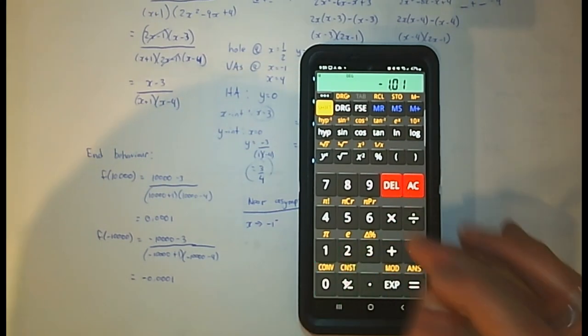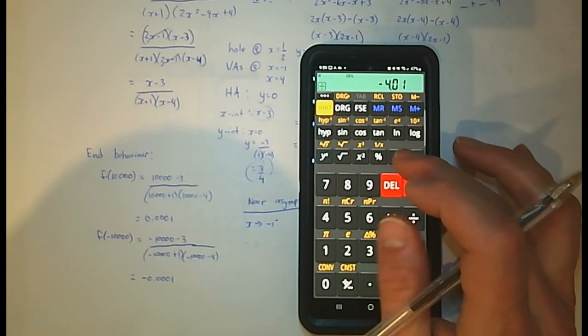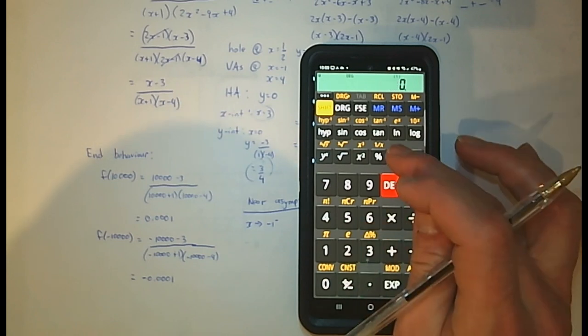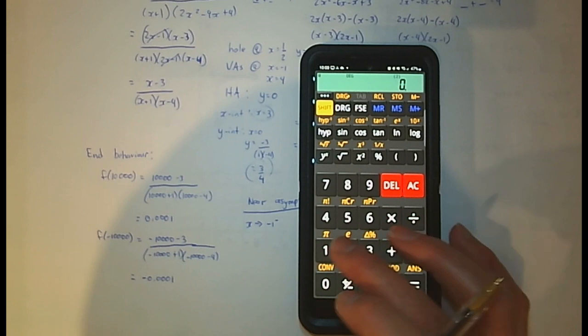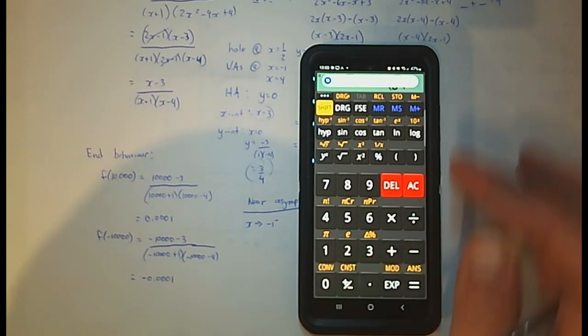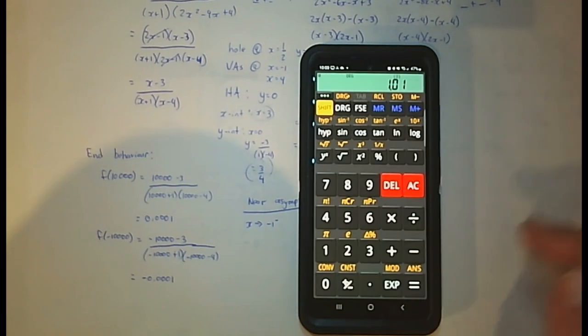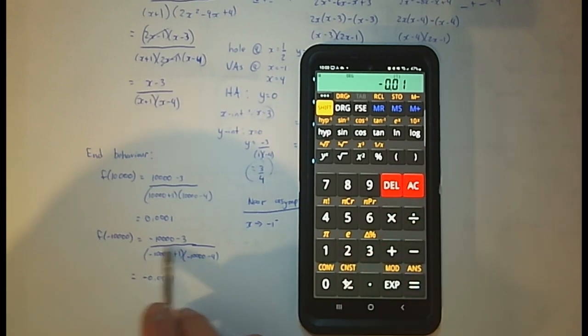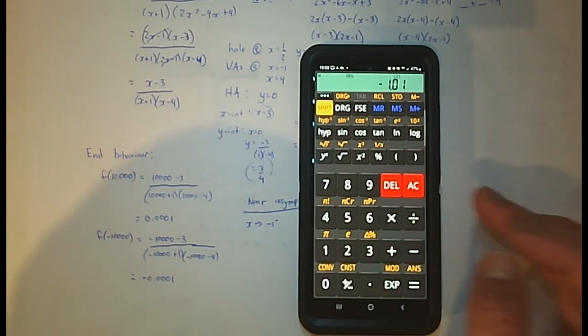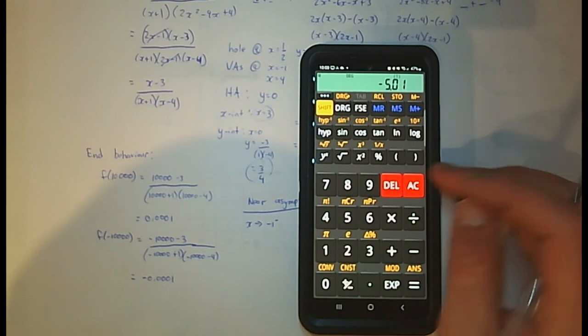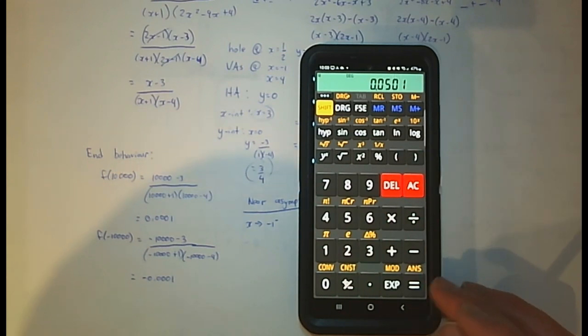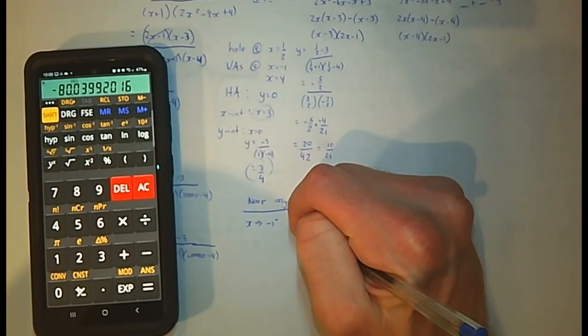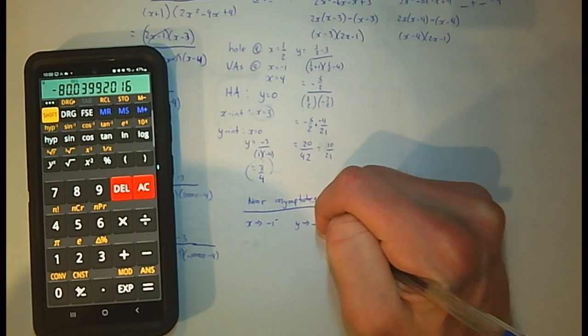Negative 1.01 minus 3, that's our numerator, divided by, open a bracket, open a second bracket, and that's going to be negative 1.01 plus 1, that's this section here, times, open a bracket, negative 1.01 minus 4, that's the second bracket. So that is our entire denominator, and that entire thing is going to be equal to negative 80. So it looks as though y is approaching negative infinity.